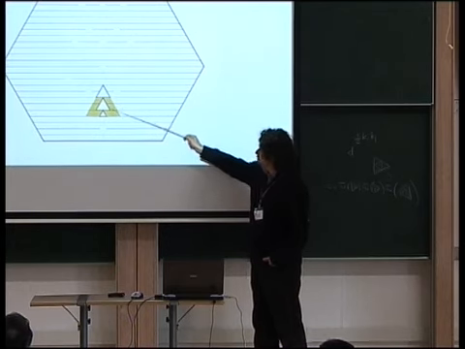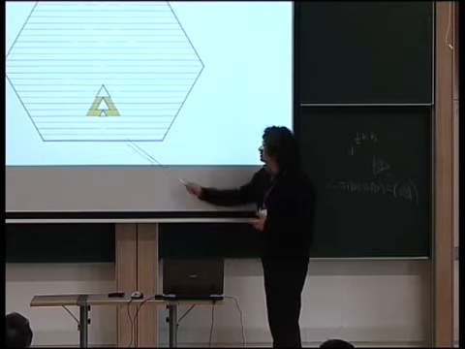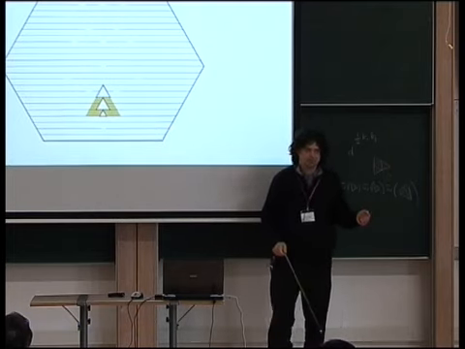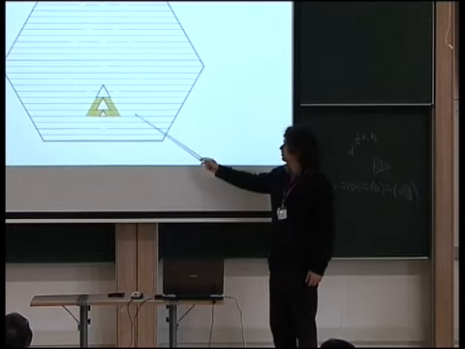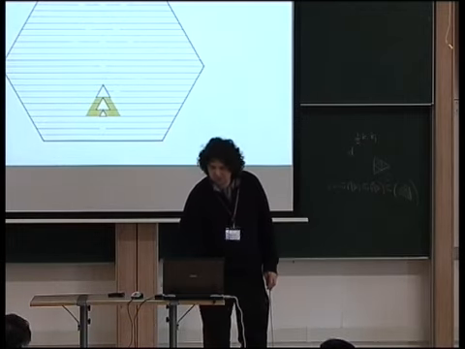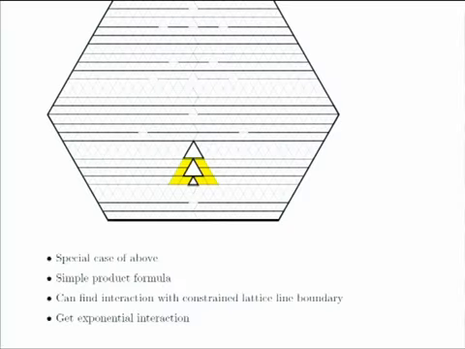This will force this one, and these two force this. So all these are forced. So these three holes are equivalent to a single hole of size 5, right? And for this situation, we have an explicit formula. So in particular, we can easily find the interaction of this hole with this boundary. So we call this a constrained lattice boundary.